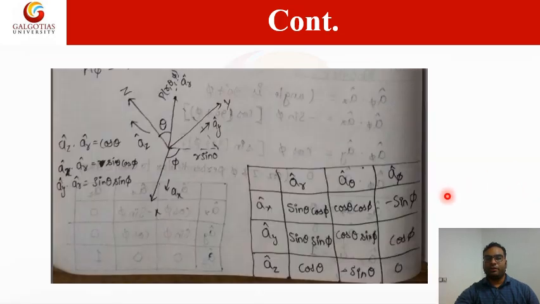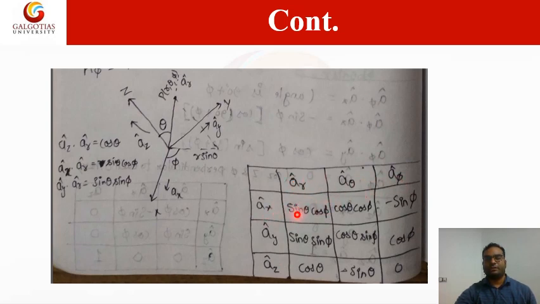Here also we follow a conversion table like previously for rectangular to cylindrical. Likewise, here we write ax, ay, az, and here Ar, A theta, A phi.